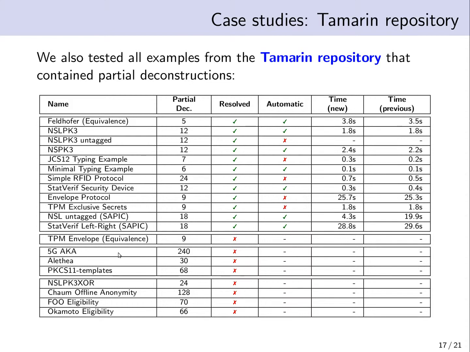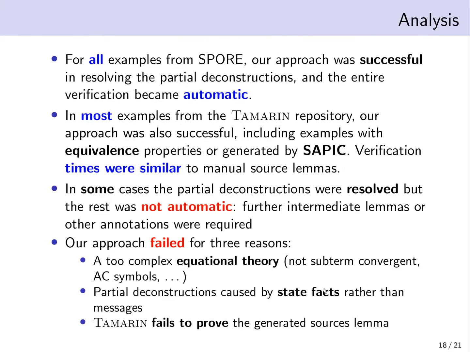Here for 5G AKA, for example, the partial deconstructions do not stem from messages but from state facts, and they are currently not handled by our algorithm. And in the last case, the algorithm failed because these examples contained more complicated equational theories, so theories that are not subterm convergent or contain AC symbols.